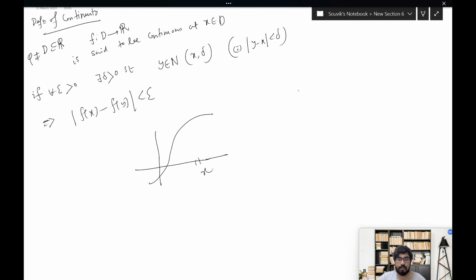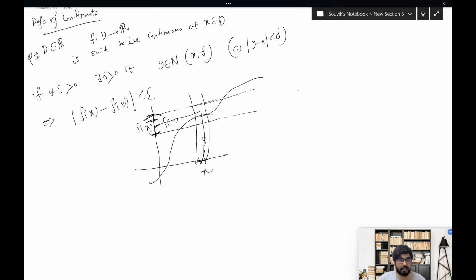If we choose a very small epsilon, and suppose this is f(x), this is an epsilon neighborhood of f(x). Then we will get a small interval around x such that any point y lying in it has f(y) in that neighborhood. This is the basic intuition of continuity.